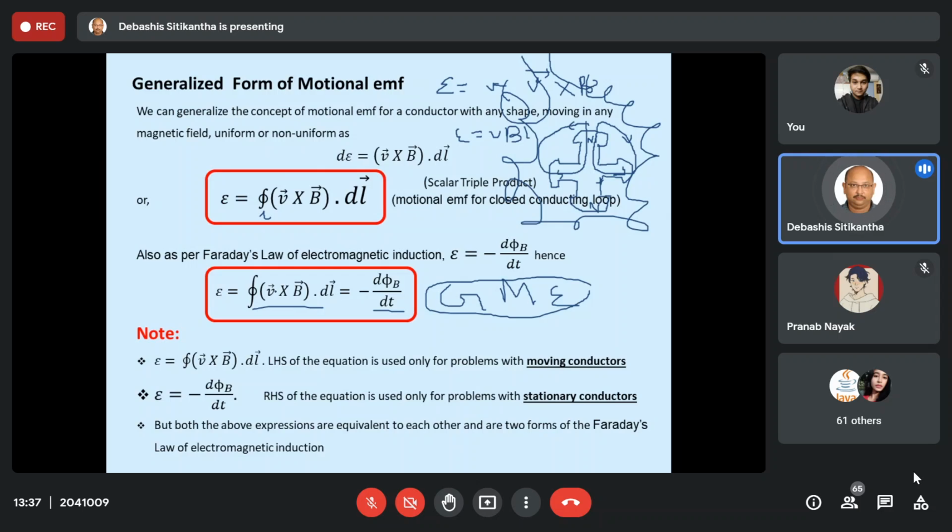Whereas if you are having stationary conductors, that means in case of induced EMF that we will learn in a short while, there the coils or the conductors are absolutely stationary. They are not moving at all. In that case, we will make use of the right hand side of this generalized equation to solve the problems. But please be very sure all of them are derived from Faraday's law.